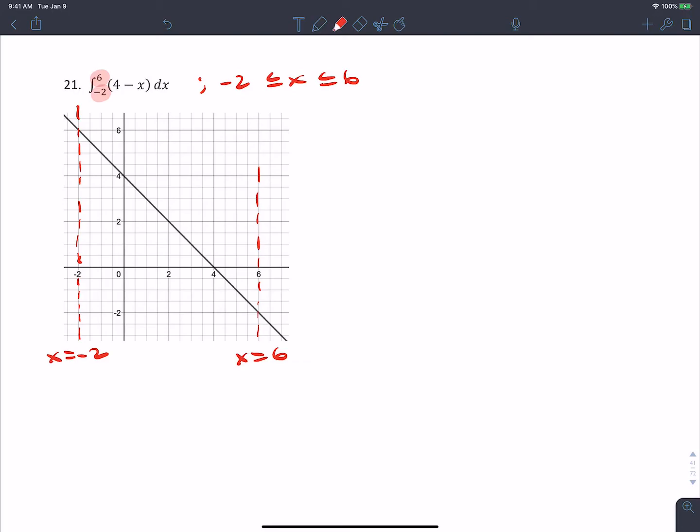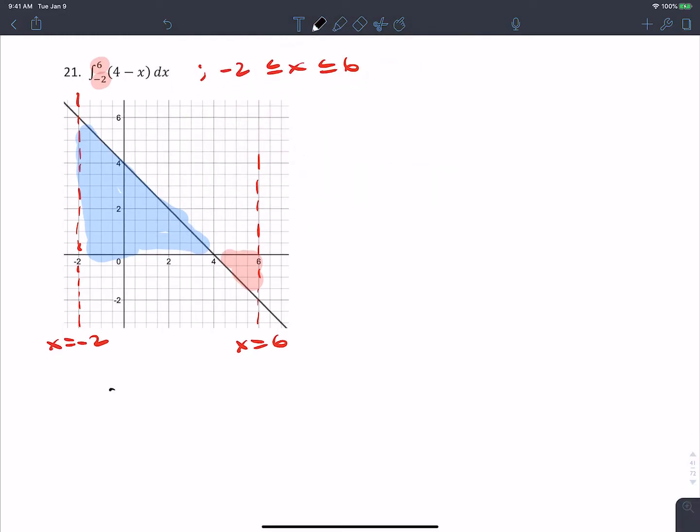So it looks like we're going to have a couple of situations here. Above the x-axis, you do have this blue. And below the x-axis, we have this portion here that's red. So it looks like the blue has a greater area than the red, which means the net area will be positive. Is that right?